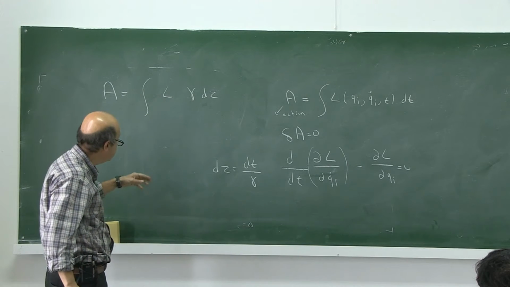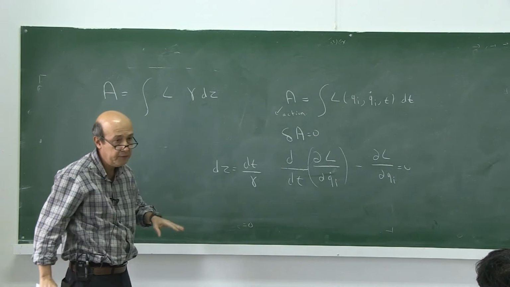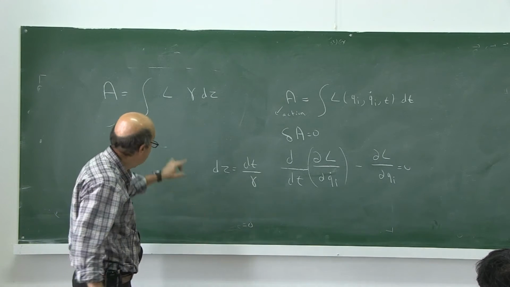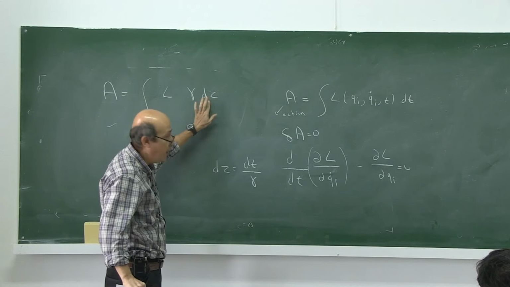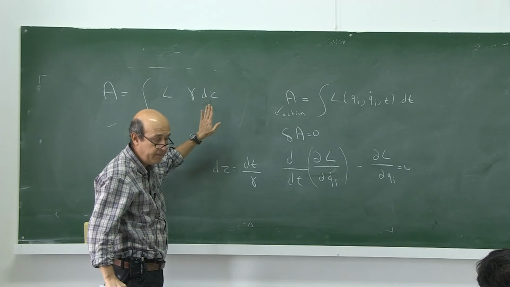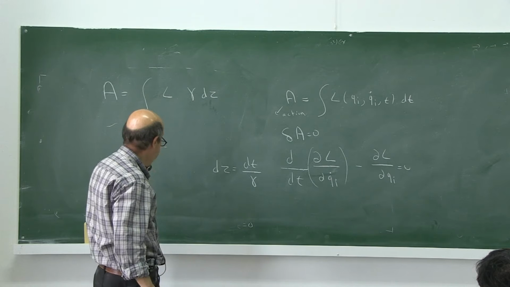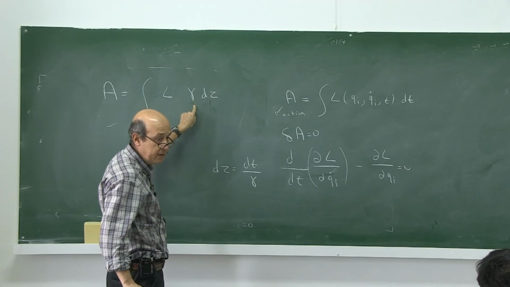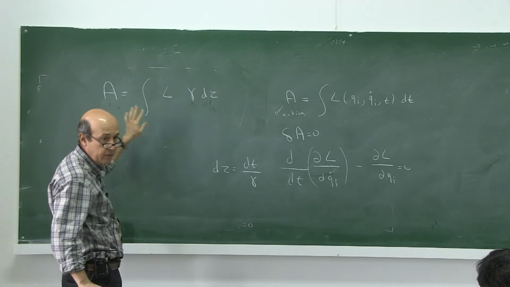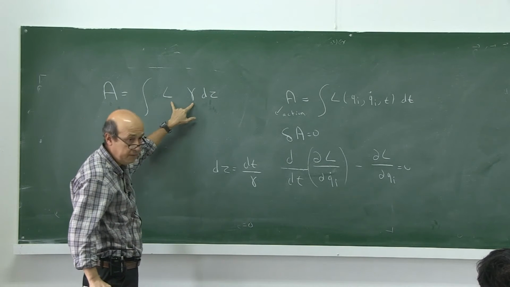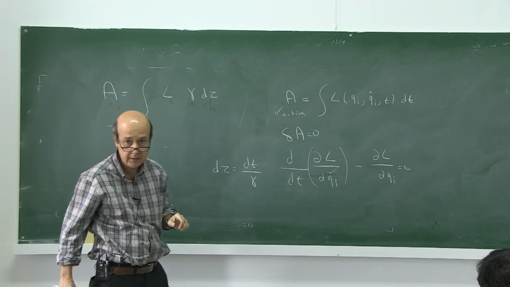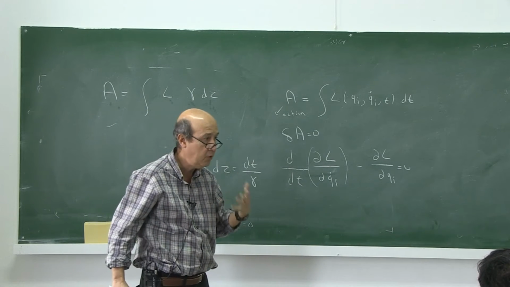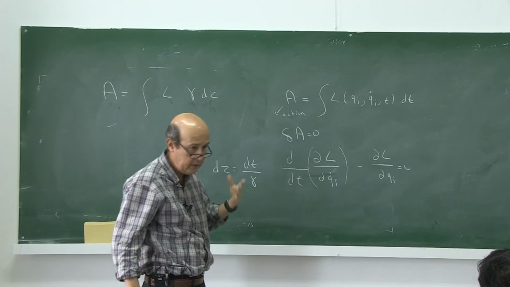So you can automatically see what form your Lagrangian has to take. We want the action to be invariant, and d tau is invariant, but gamma is different. Therefore, this stuff here, L gamma, should be invariant. This should be some Lorentz invariant, or as we will call it later, a Lorentz scalar.